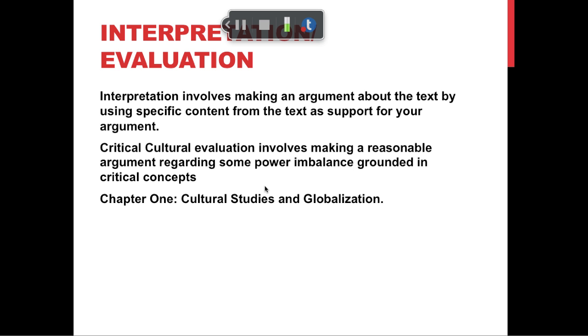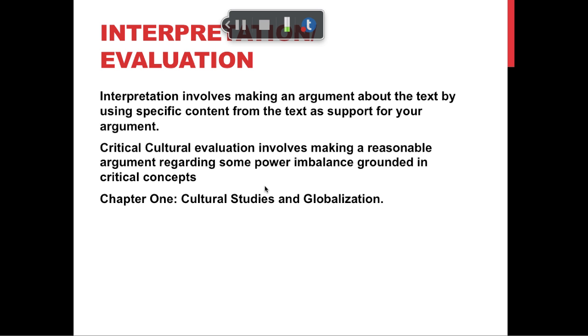And one of the things I want to definitely focus on for you is to really think back again to Chapter 1 in our discussion of cultural studies and globalization. These are two very different ways that you can read power. And it's important to be able to go back and understand how these different concepts are talking about power so that it can help you be able to distinguish and make a good argument.